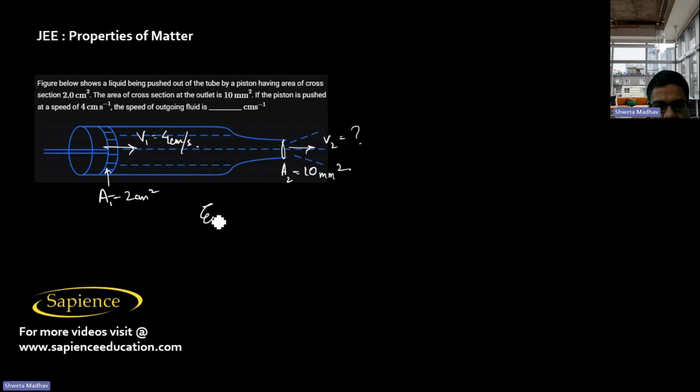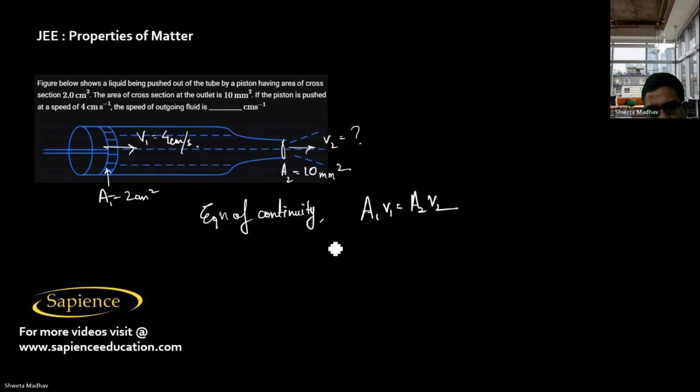So here we can apply the equation of continuity. The equation of continuity says that A1 V1 will be equal to A2 V2. So A1 is 2, V1 is 4. This is in centimeter square, this is in centimeter per second, and A2 is 10 millimeter square.